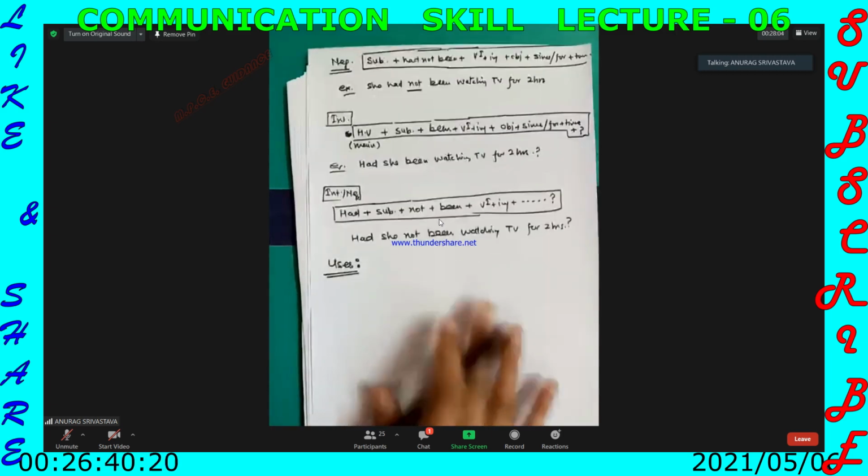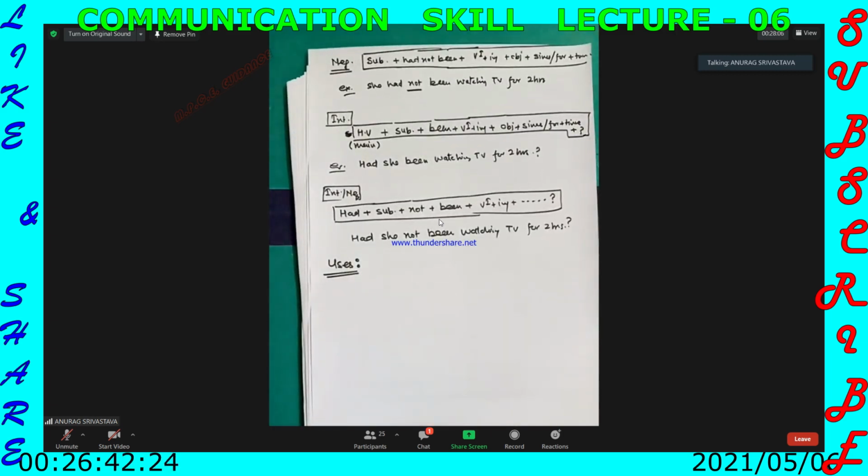past perfect continuous tense. Which is the past perfect continuous tense? It is also used to express a repeated action in the past. Suppose there were some actions which were repeated more than once in the past, that can be represented with the help of the past perfect continuous tense.